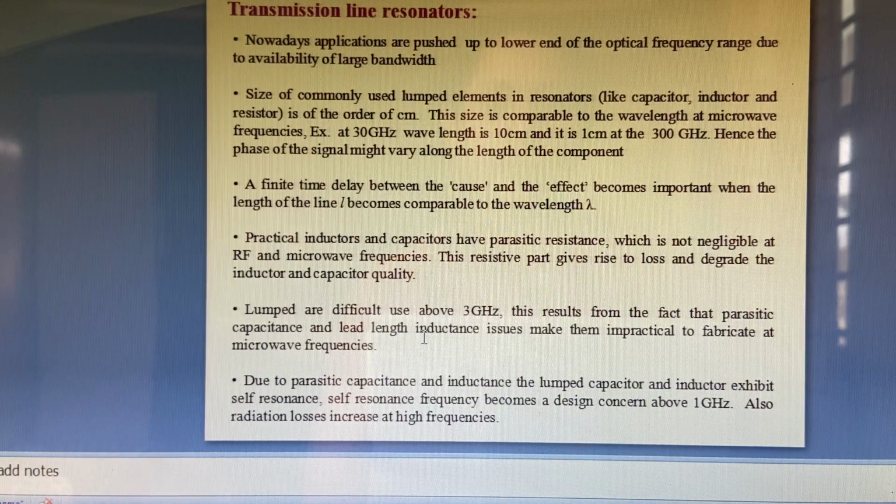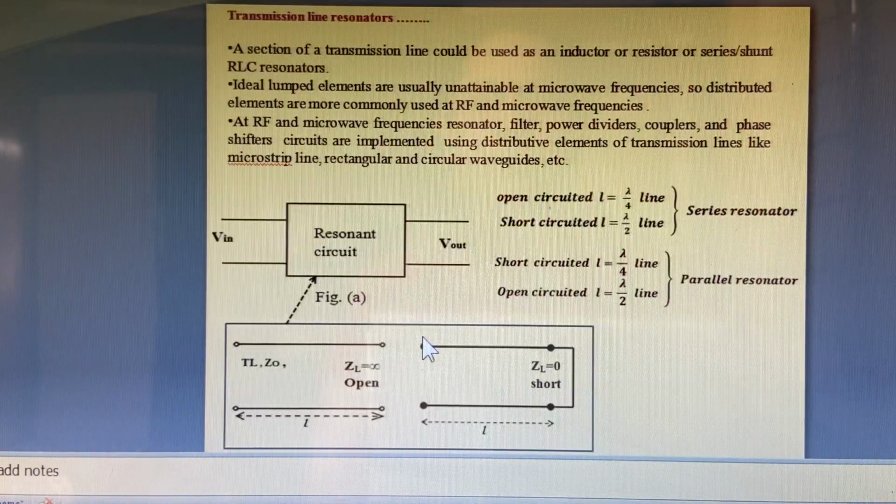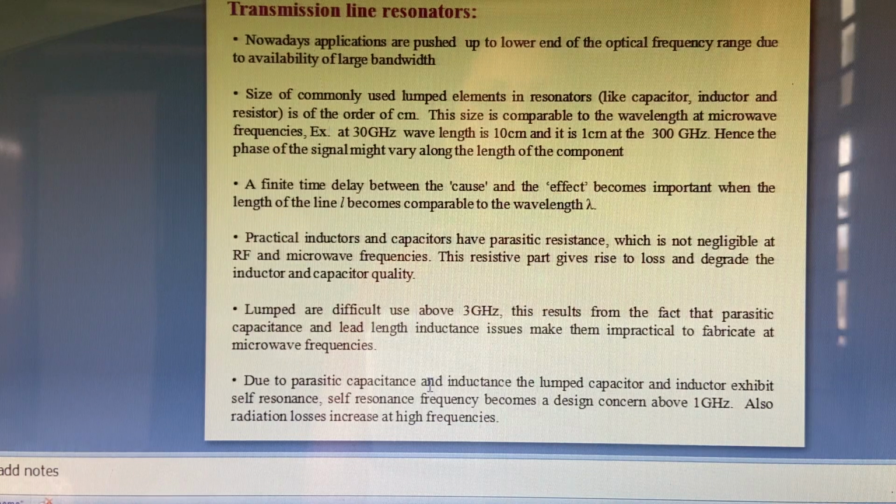Those parasitic inductors and capacitors impose fabrication difficulties at RF and microwave frequency ranges. Due to parasitic capacitance and inductance, lumped capacitors and inductors exhibit self-resonance. This self-resonant frequency we have to consider while designing circuits at RF and microwave frequencies.